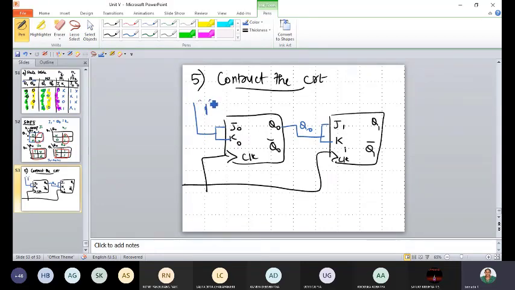This is the input for the synchronous counter, and this is the final output Q1. So we have two outputs, Q0 and Q1. This is how we design an up counter. With this, I will stop for today's class.